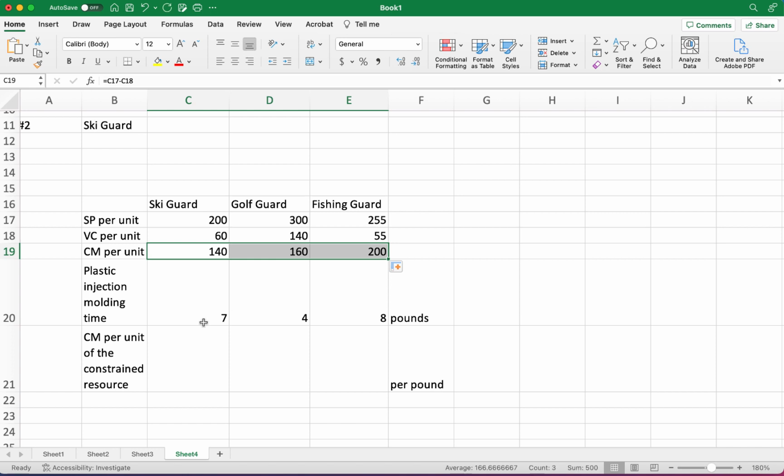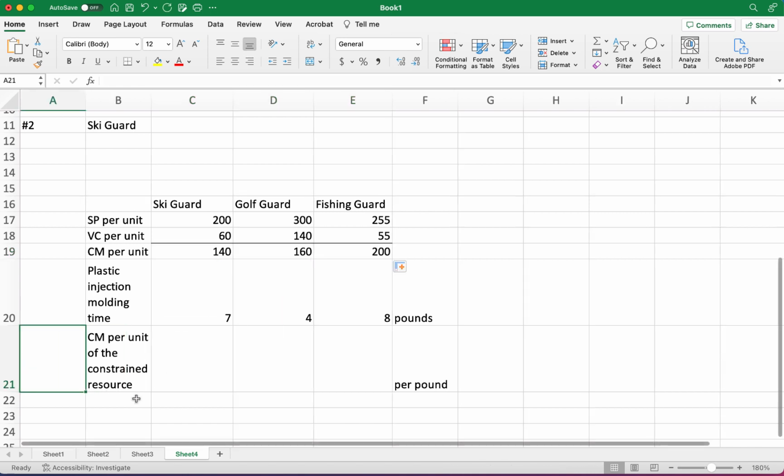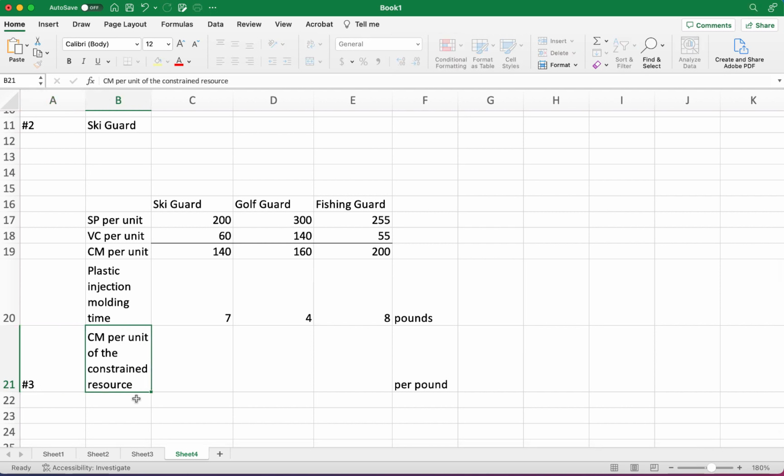Same numbers. Okay? Now, here's where we get into the nitty-gritty, right? We're answering number 3. Number 3 says, assuming that there's a severe shortage of those plastic pellets, we've got to cut back production. Which product provides us with the most contribution margin, in this case, per pound of the constrained resource, okay?